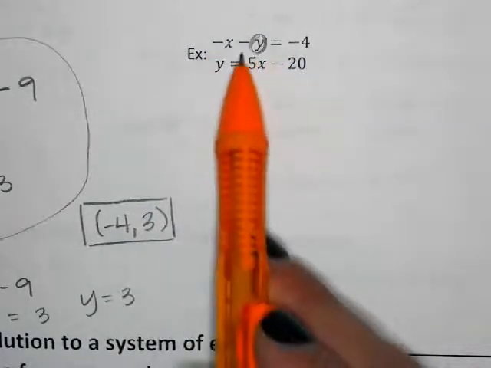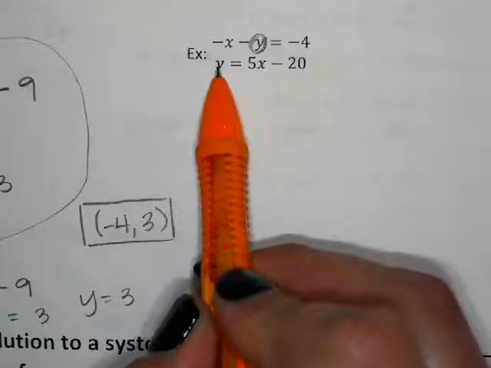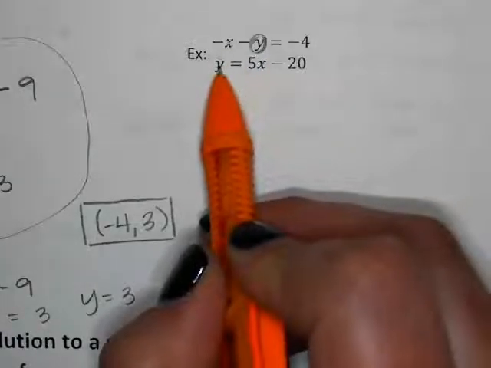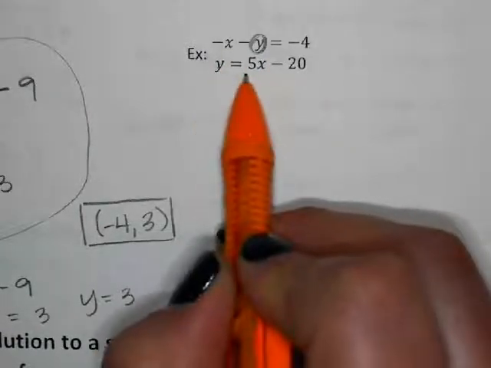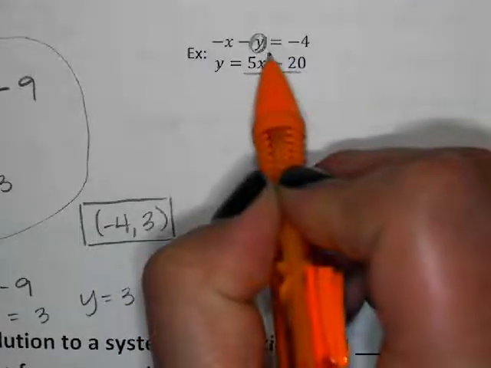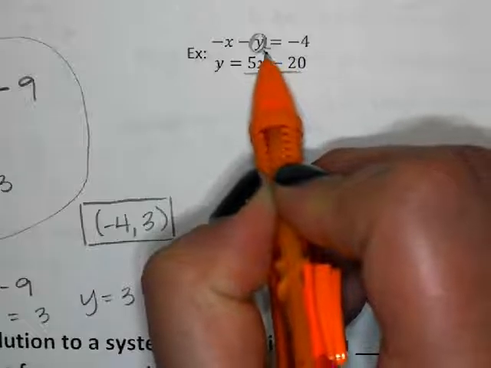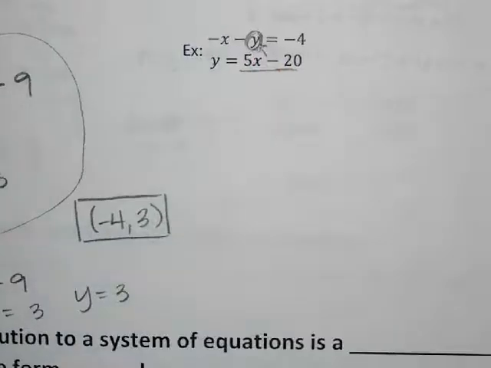So what we're going to do is we're going to take this y. We know that the y equals 5x minus 20. So we're going to take the stuff that we know y equals, we're going to plug it in right here, because we know what y is, so we can substitute it in. Okay? So what I'm going to do first to make my life a little bit easier is I'm going to start off, I'm going to say negative x minus, and then I'm going to put parentheses for y.